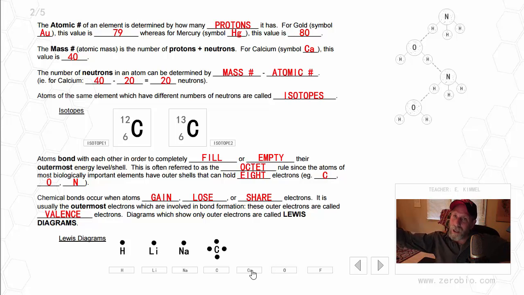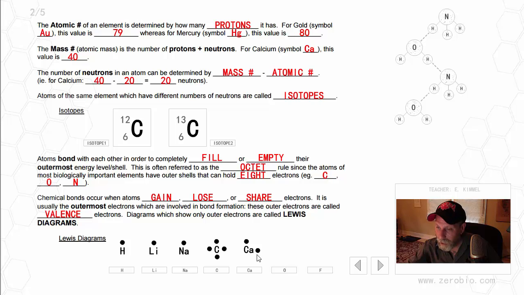Calcium, atomic number 20. This is usually the last one you would draw as a Bohr diagram. You want to draw calcium? Check it out. Simple, instead of drawing all those shells and filling up the electrons. Calcium is an alkaline earth metal with an atomic number of 20, so it has 20 electrons, but only 2 of them are in the outermost shell, so we draw those 2. Again, I'm going from the top to the side.